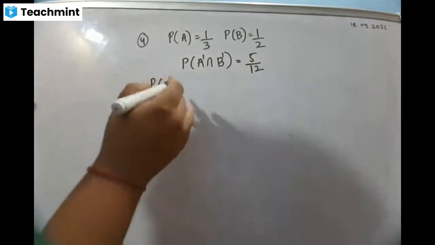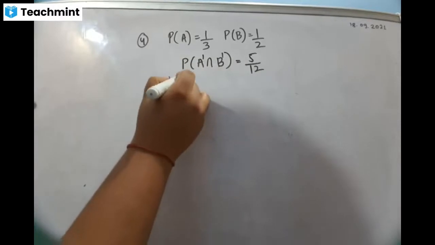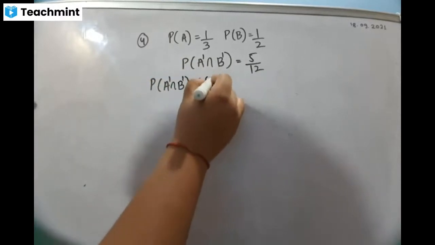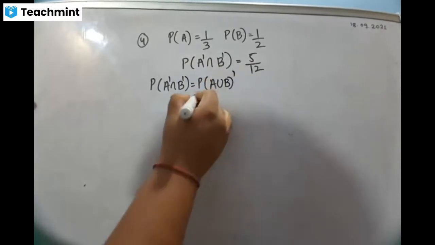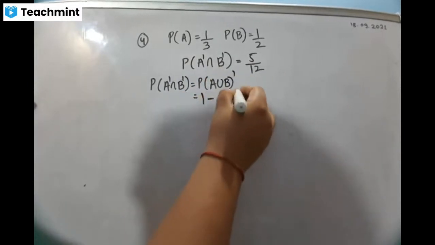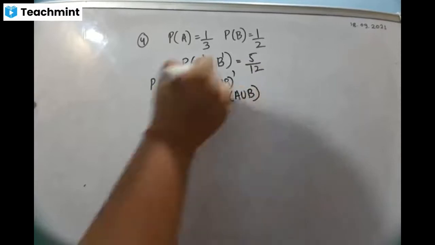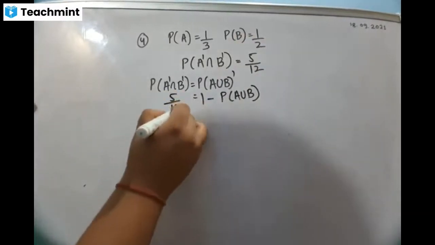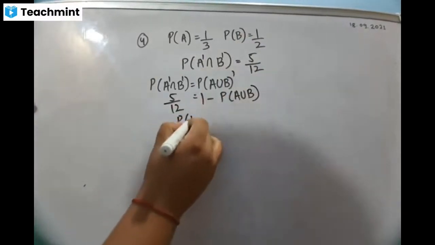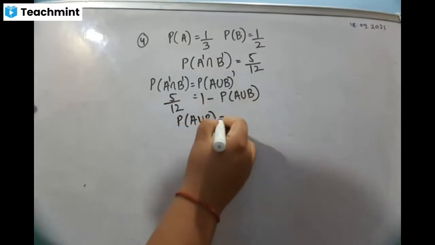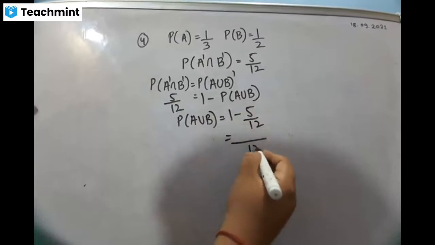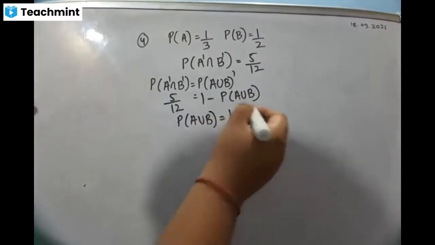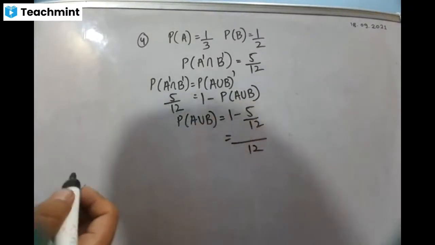So De Morgan's law says A complement intersection B complement will change to probability of intersection will change into union, A union B complement, which in turn will be equal to 1 minus probability of A union B, and this is given to be 5 by 12. So this comes this side. So probability of A union B equal to 1 minus 5 by 12, which in turn is equal to LCM is 12. 12 ones are 12 minus 5. How much is that? 12 minus 5? 7.